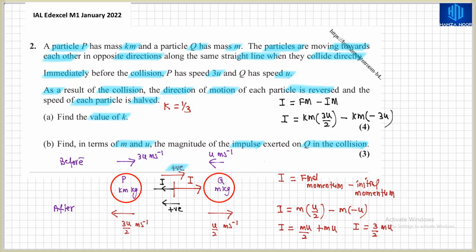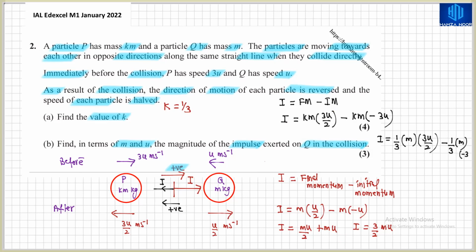Using the answer of part A, k is equal to 1 over 3, we are going to get the same magnitude of impulse. So impulse will be equal to 1 over 3 multiplied by m multiplied by 3u over 2 minus 1 over 3 into m into minus 3u.